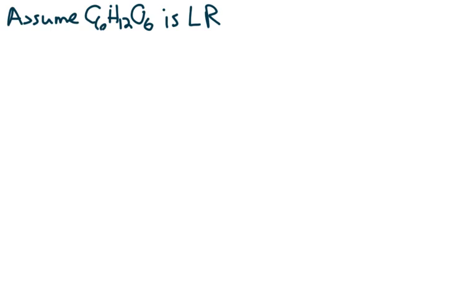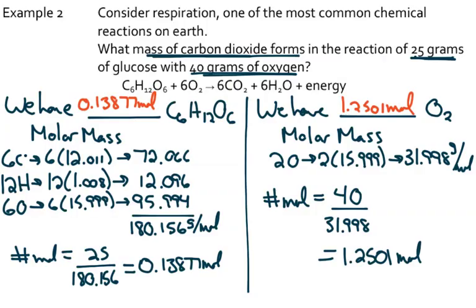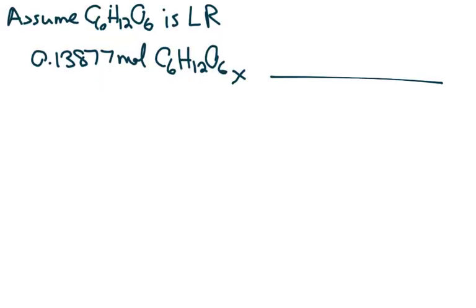So what we know is that we have 0.13877 moles of glucose. We need to multiply that by the mole ratio, looking back at the chemical equation. 1 mole of glucose, and we're dealing with oxygen as the other substance, 6 moles of O2.